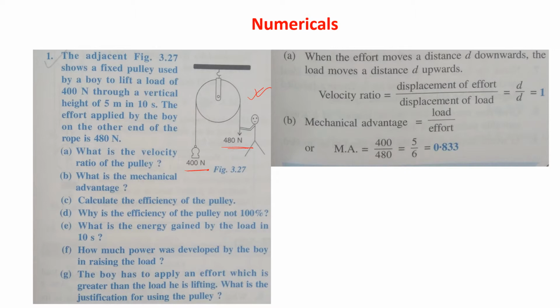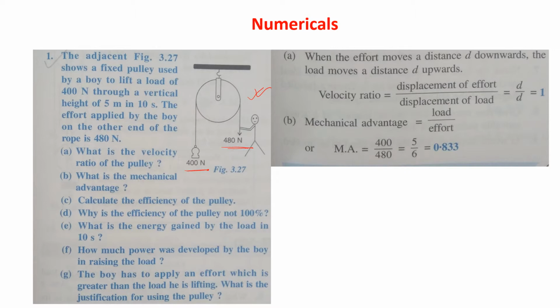What is the velocity ratio of the pulley? The first question. Second question is, what is the mechanical advantage? Third one, calculate the efficiency of the pulley. Fourth, why is the efficiency of the pulley not 100%?